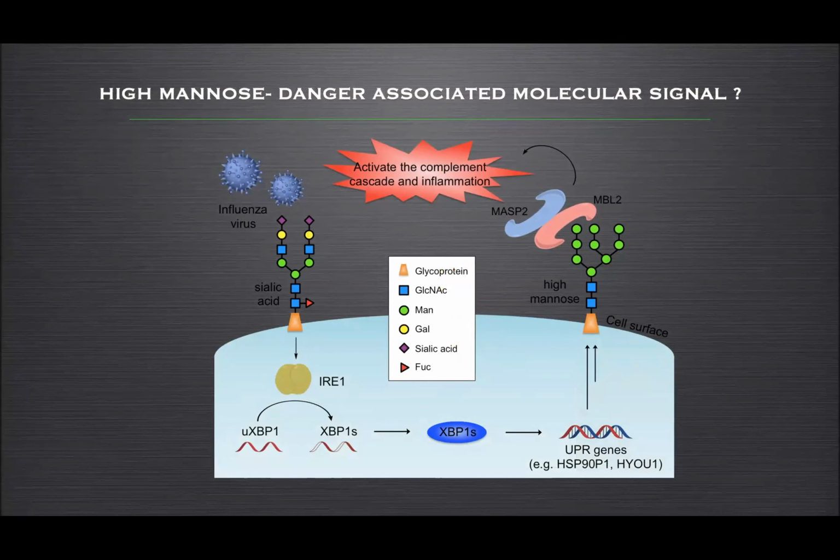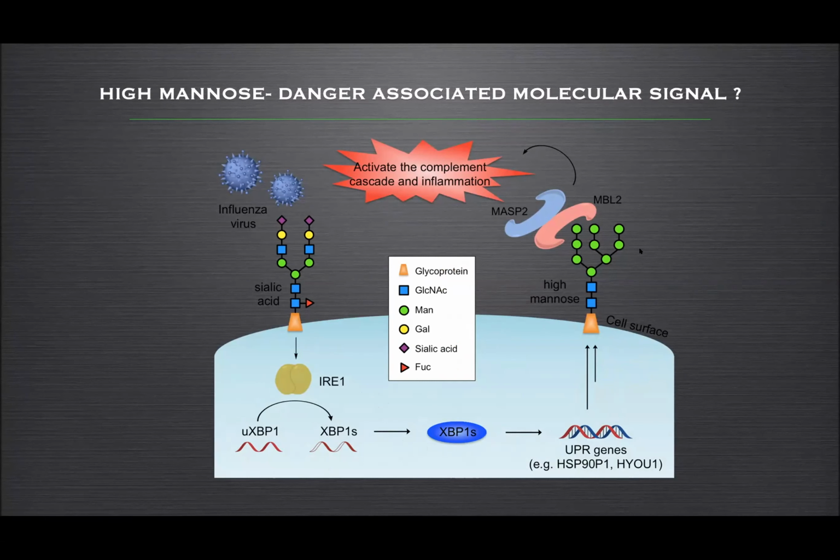So with that, I'll leave you with what we think is happening. We think High-mannose is really a danger-associated molecular signal in influenza, and that the influenza virus is triggering this. I didn't tell you about the mechanism we think is existing here with IRE1 for the sake of time, but we do think that it's through this pathway, and we have some evidence for that.